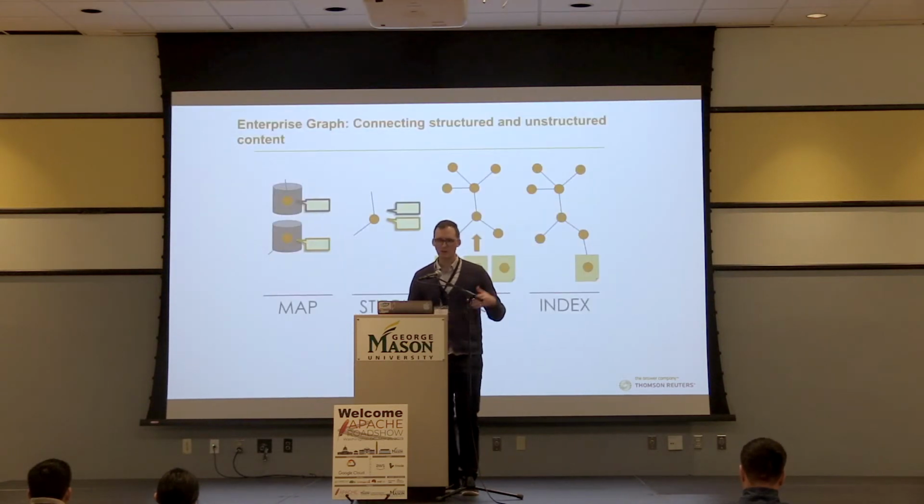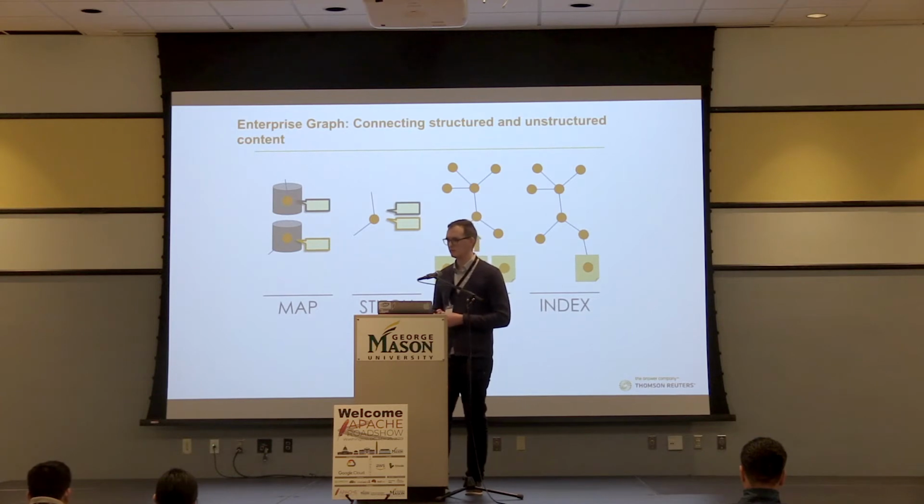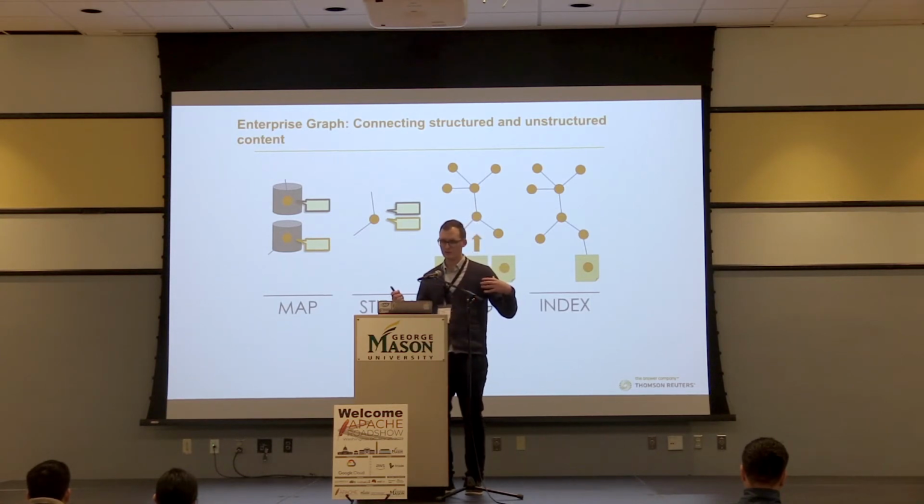And that's where our whole pipeline comes in. This is where we start leveraging a lot of great open source projects and combining them in an interesting way in order to support this workflow. So the high level of what we do is we bring things in and we map it, and then we stitch it together, and we tag it, and finally we index it all so that you can search it.